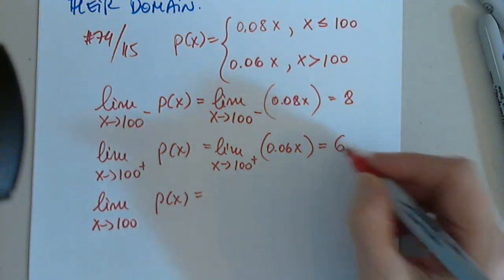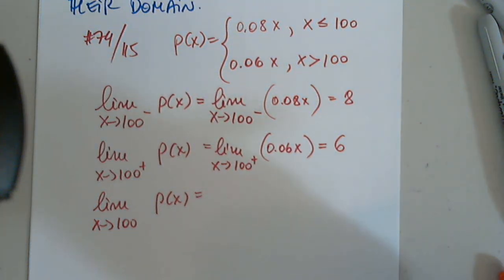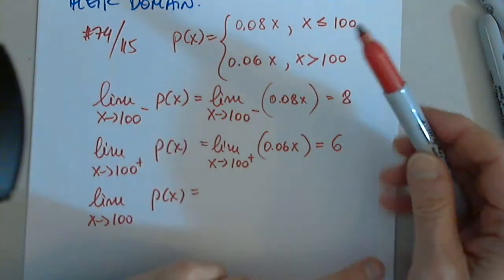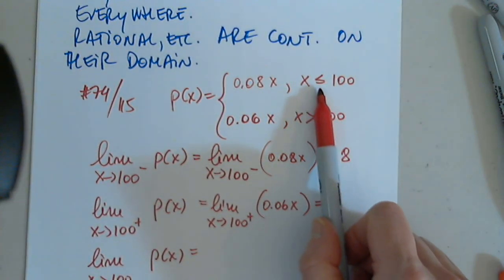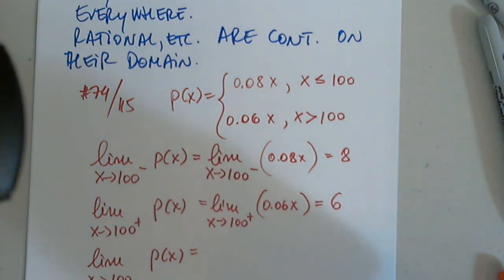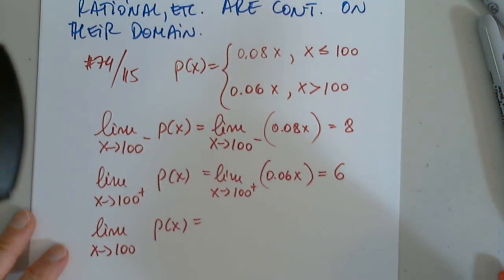Well, I'm saying because x is approaching 100, but if x is 100, it's 0.08. So wouldn't it be 0.08x in the parentheses? And it would be the same thing as from the left? But you're talking about everything above 100. Yeah. If you're approaching 100, you're still talking about everything that's above it.